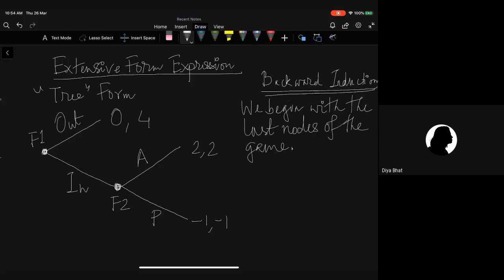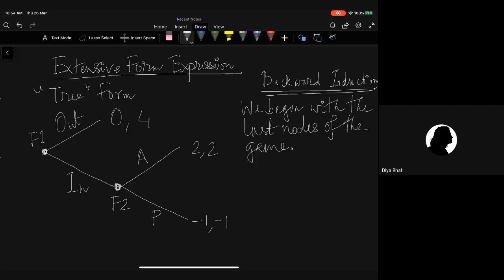We'll treat that as the action that will be chosen by the player sitting on the last node. Given that choice, we will go back to the previous node and we'll again do the same thing. We'll decide what the player sitting at that second last node will do, knowing that going forward the player at the last node will choose optimally. So we'll go backwards like that, and hence the term backward induction.